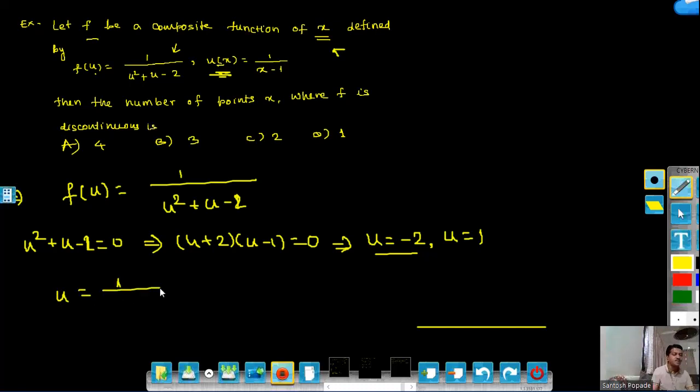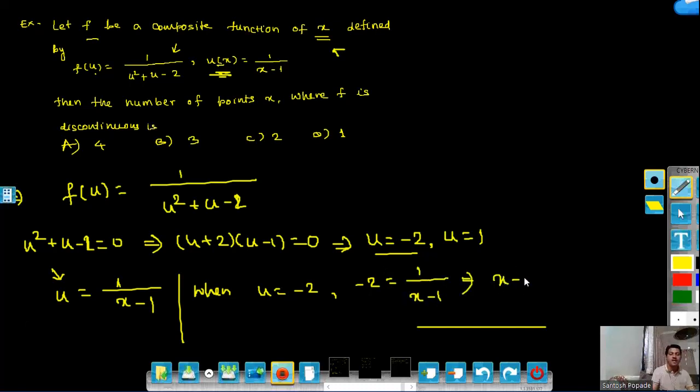Let us put this value of u to be minus 2 and later u to be 1 in the given formula. u of x equals 1 upon x minus 1 is the given formula. So when u equals minus 2, the formula is u equals 1 upon x minus 1. Now put u to be minus 2.